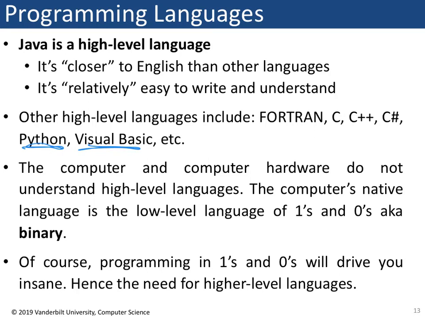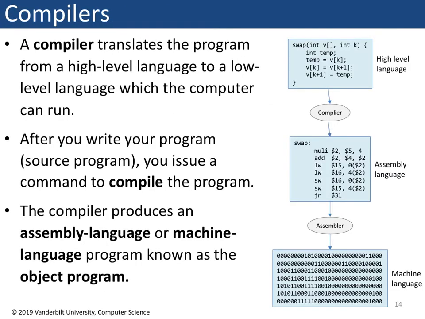So we need these high-level languages, but then there's sort of a disconnect. How does a computer, which needs ones and zeros, understand this higher-level language? And that's where compilers come in. A compiler is itself a program that translates a high-level language to a low-level language.